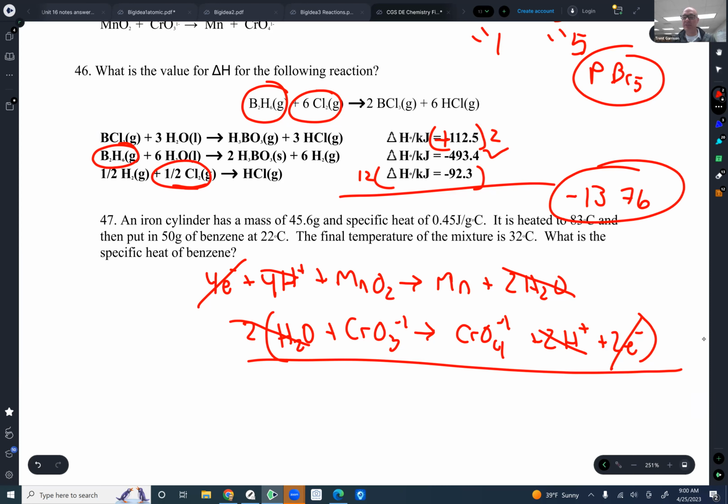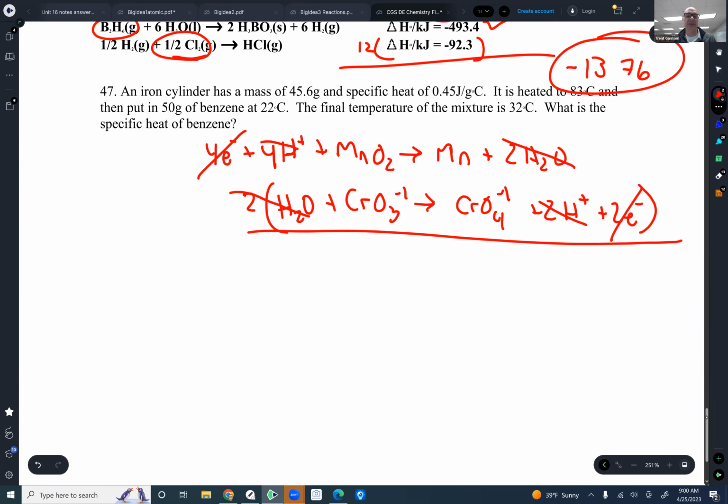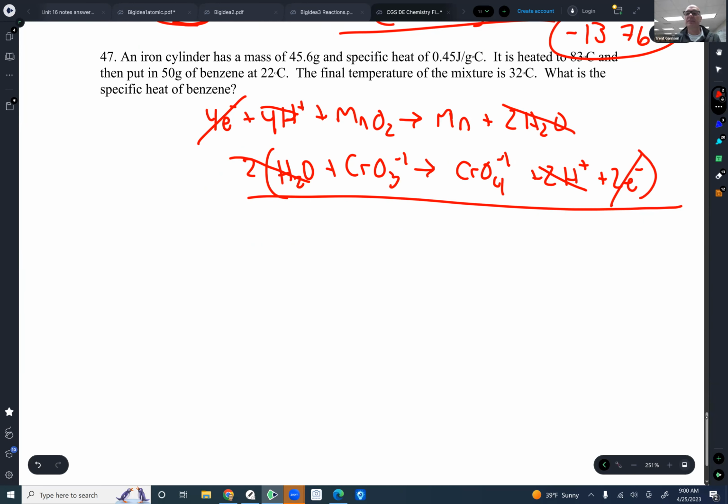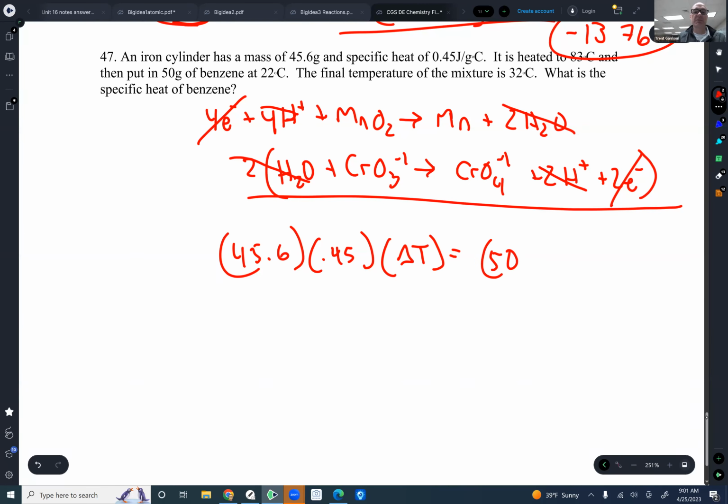Final temperature, specific heat of benzene. Let's see. So I've got heat in equals heat out. So I got 45.6. Specific heat is 0.45. It is heated to 83 degrees. So we don't know that temperature. I put it in 50 grams of benzene, and it has a final temperature of 32 with specific heat of benzene.